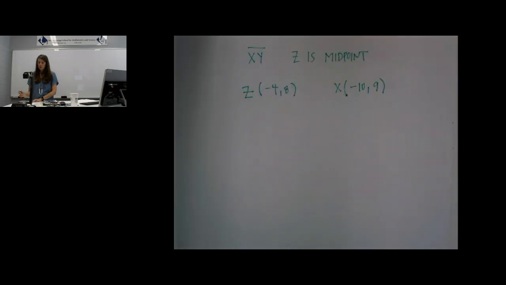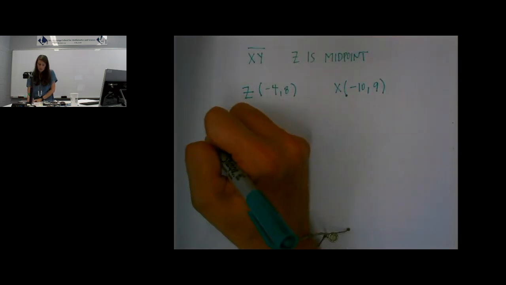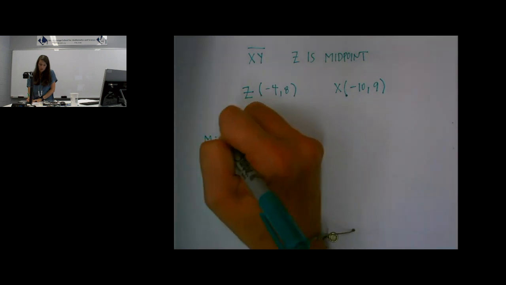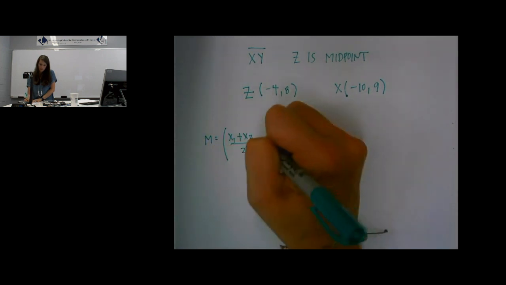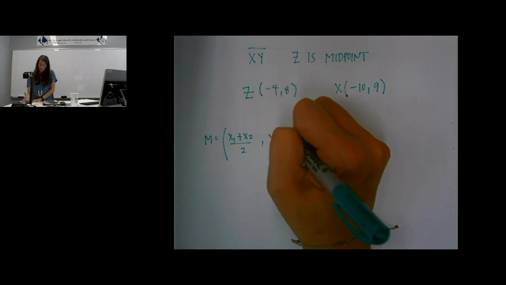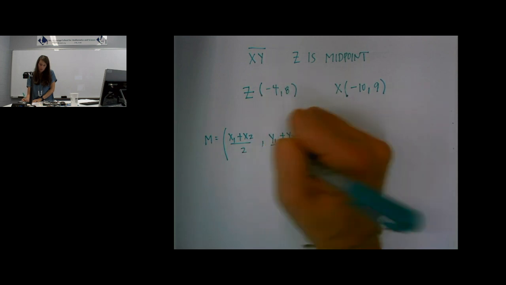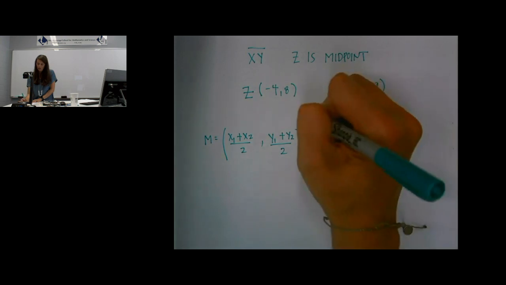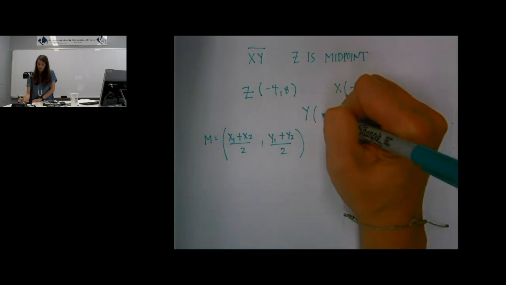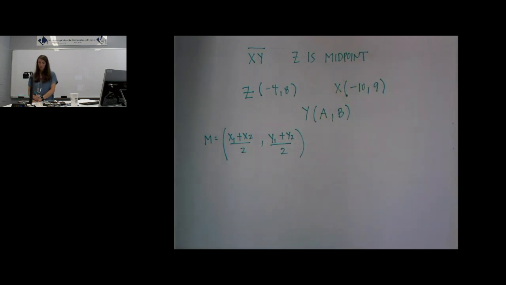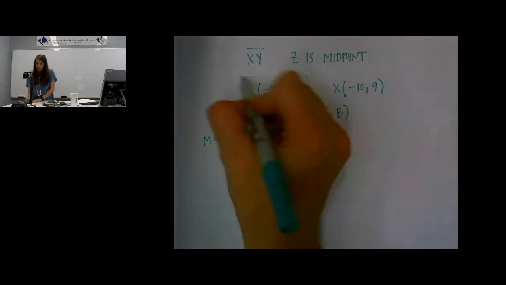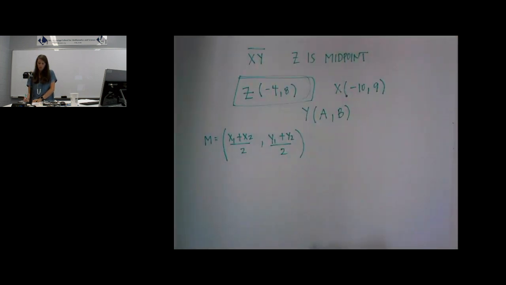Okay, so what this means is that my midpoint is X1 plus X2 divided by 2, and Y1 plus Y2 divided by 2. So now I don't know my Y coordinates, okay? So let's just call that A and B, right? Okay, so Z, though, is the midpoint, okay?